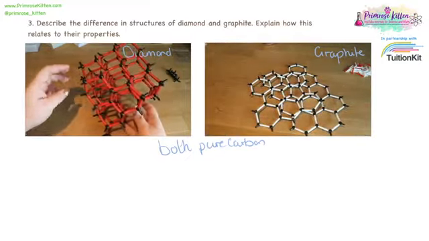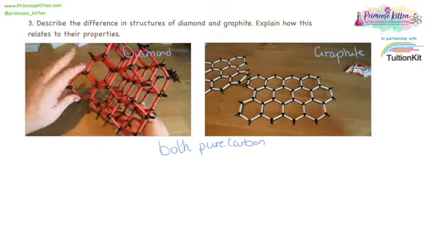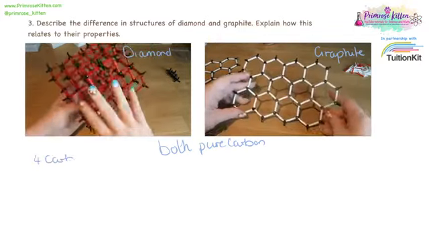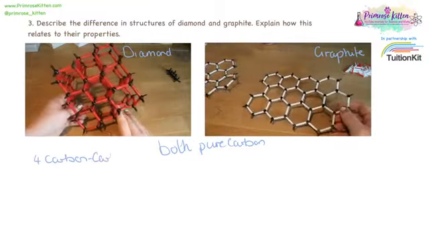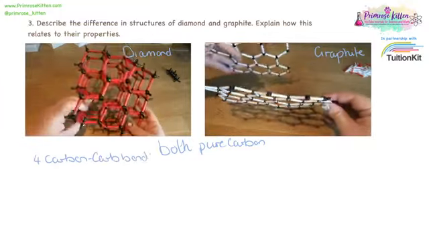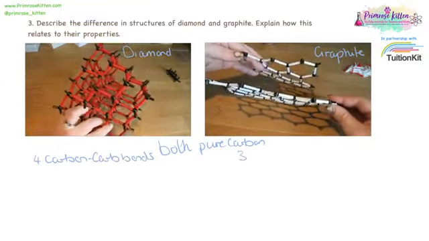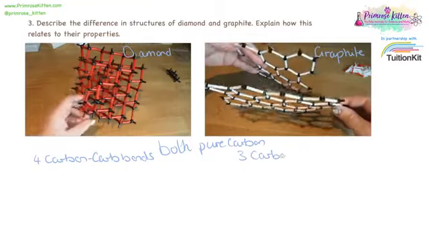However, diamond makes 4 carbon-carbon bonds, whereas graphite makes 3 carbon-carbon bonds.